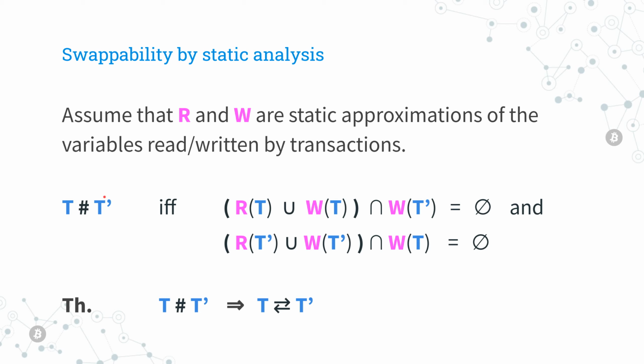Then we define this sharp swappability relation here. T and T prime are swappable if the variables written by T prime do not overlap with those read or written by T, and vice versa. We prove that the sharp swappability relation safely approximates semantical swappability.